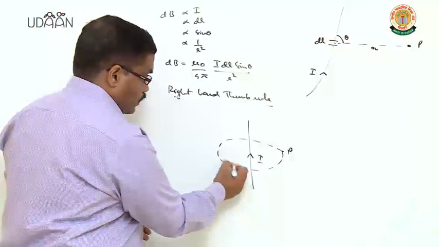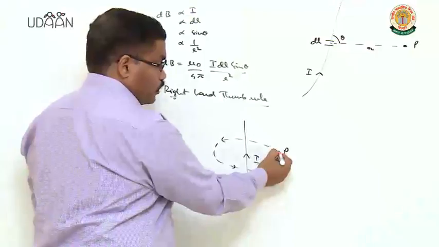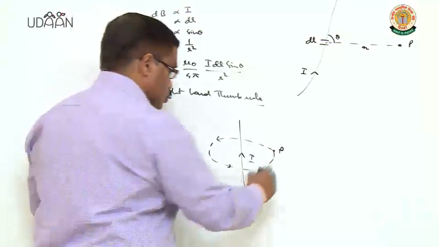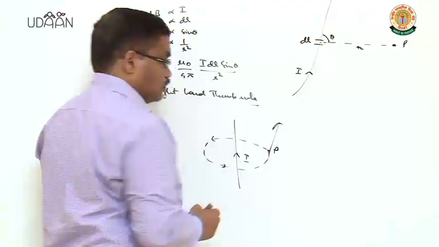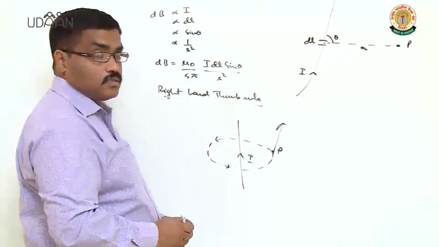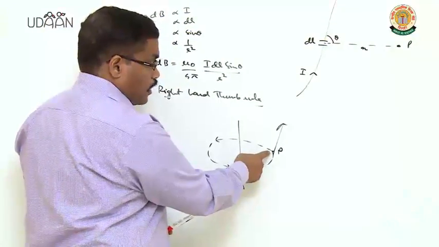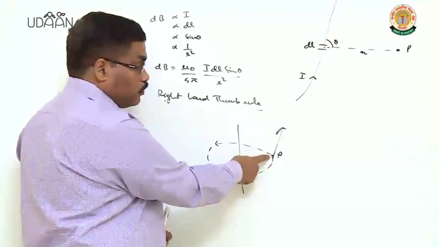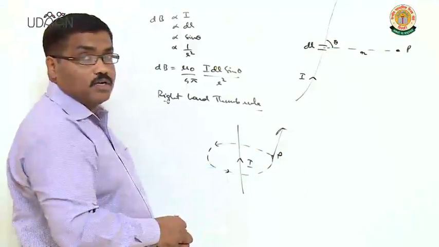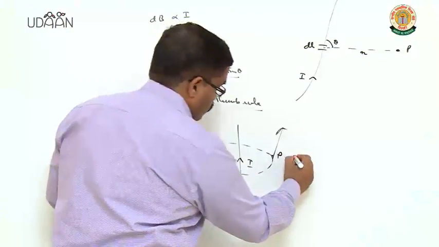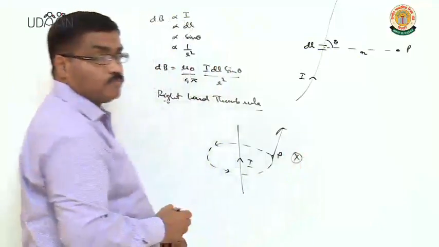Now if I want to find the field produced at this point P, I need to just draw a tangent at this point. Or in other words, if you look carefully, the magnetic field's direction at this point P will be inward. Now an inward field is always represented by a cross.